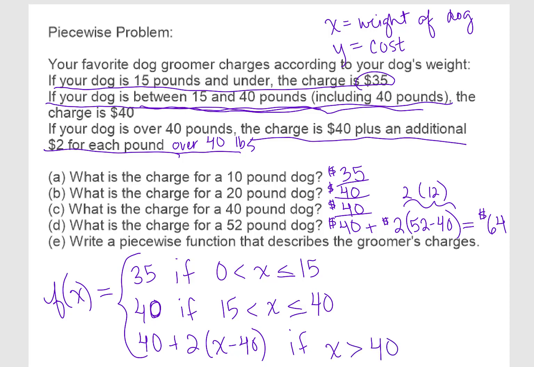So do you see that only this last one, the 40 plus 2 times X minus 40, is dependent, well, I don't want to say it's dependent upon X because all of them are dependent upon X, but the output actually involves a calculation with X in the mix. The other two, they're constant, right?